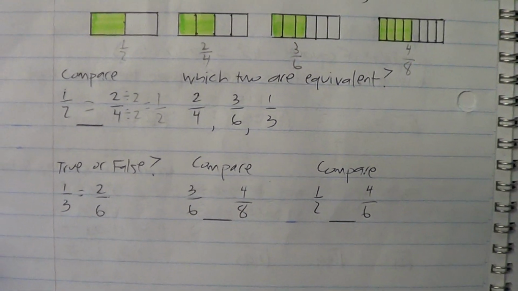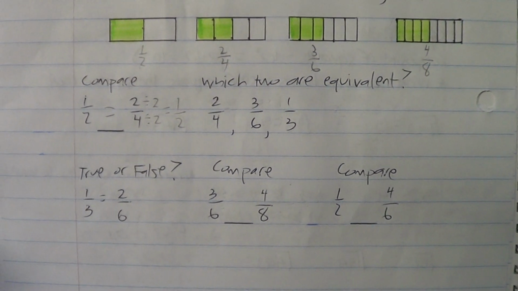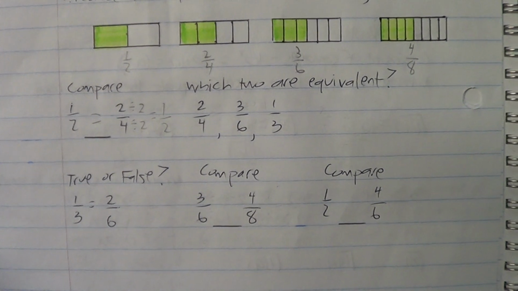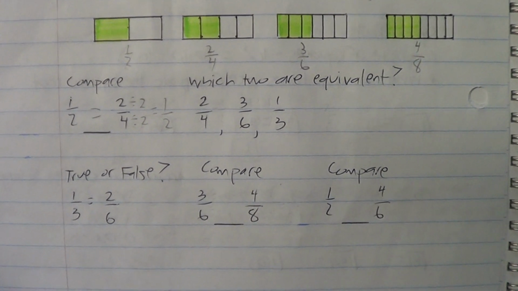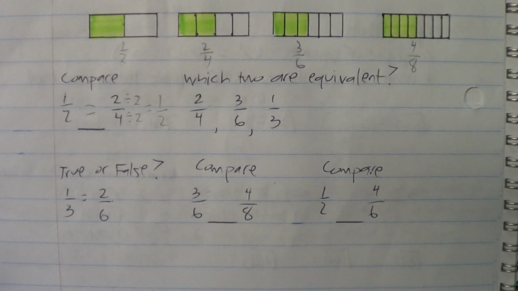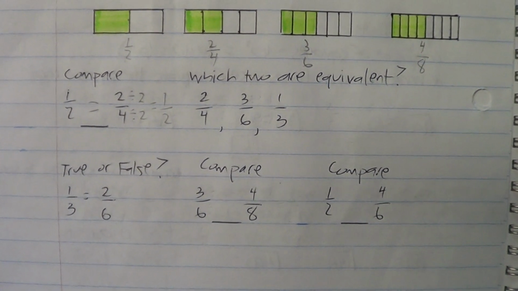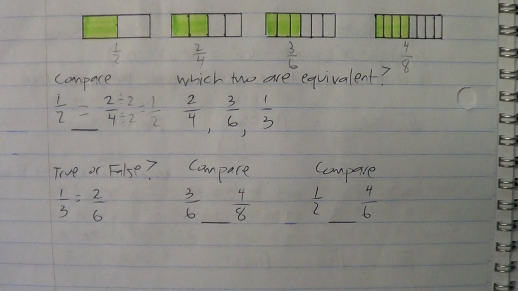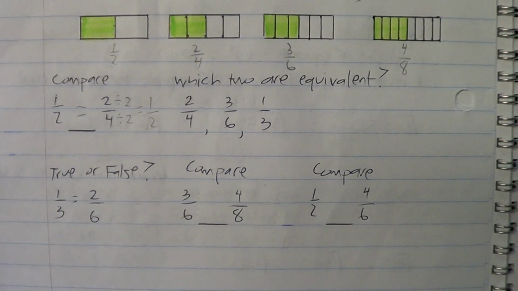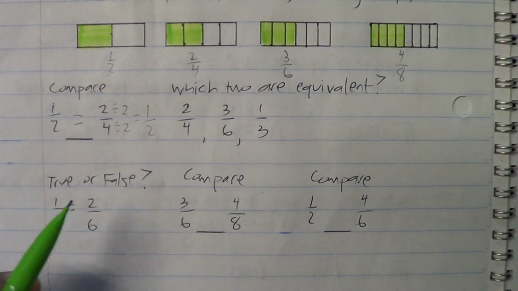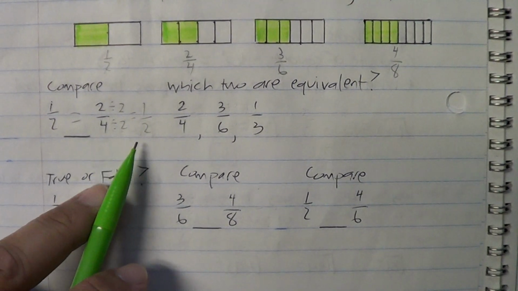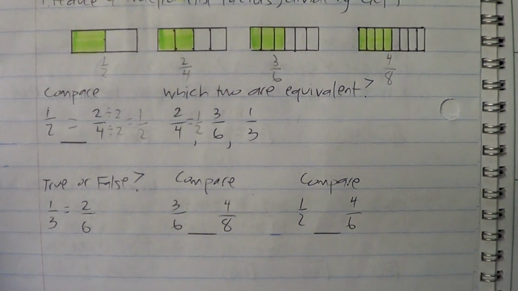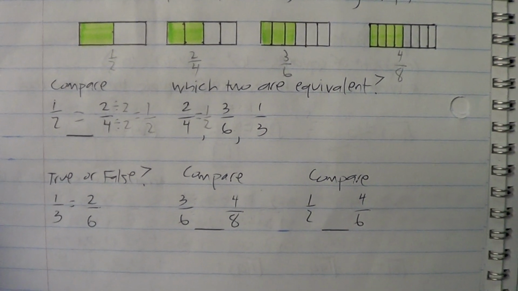When we look at the next problem over, it says which two of these fractions are equivalent. Again, I would recommend using manipulatives, and that would probably be really fast if you have them. Otherwise, you'll have to reduce everything to lowest terms to see what the answer would be. So 2/4, again, we've already done that here, so I'm just going to shortcut and use my same answer. 3/6, the factors for 3 would be 1 and 3.